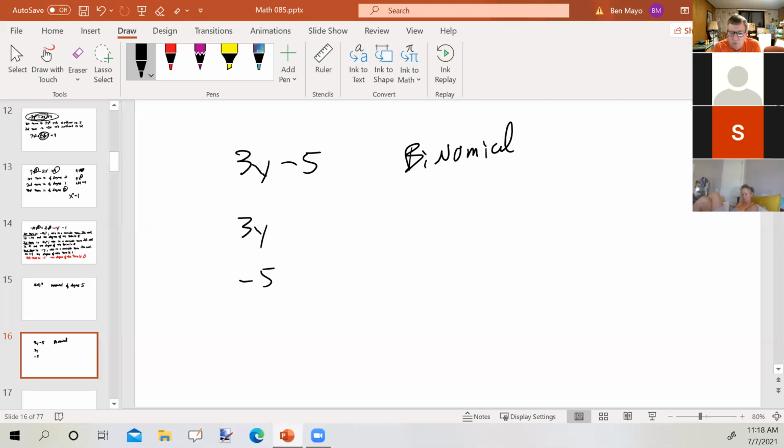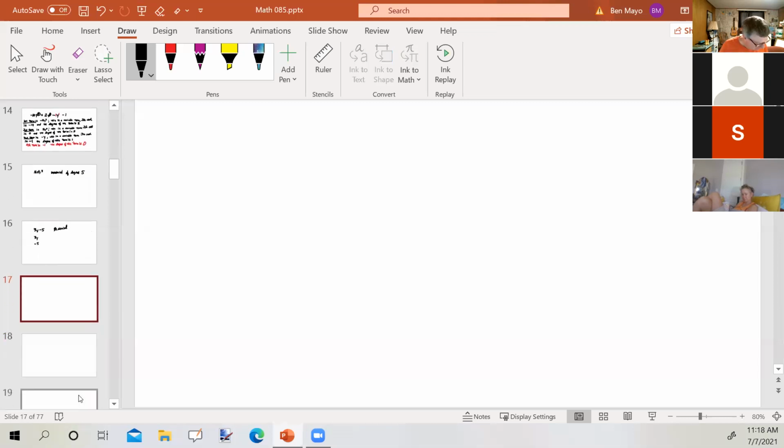3? Okay, what's the degree of the first term? 1. What's the degree of the second term? 0. Excellent. All right. How about this? 2x cubed minus 5x squared plus 6x minus 3.